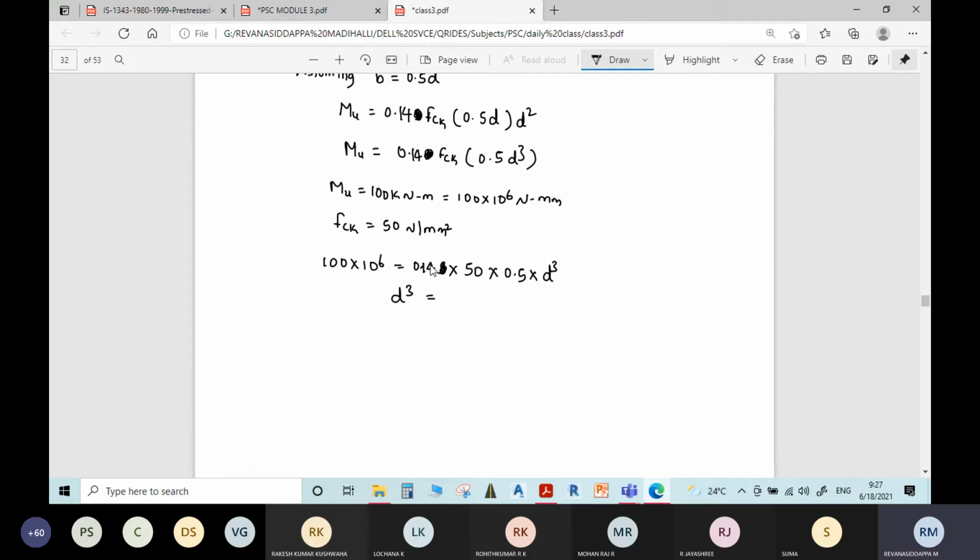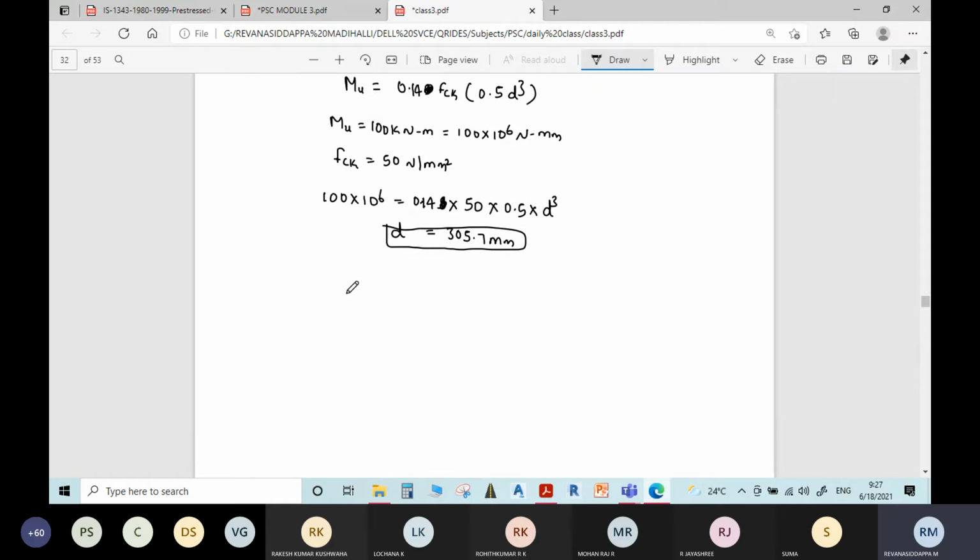What d will you get? 305.7. Yes, d is equal to 305.7 mm. So effective depth required is 305.7 mm.